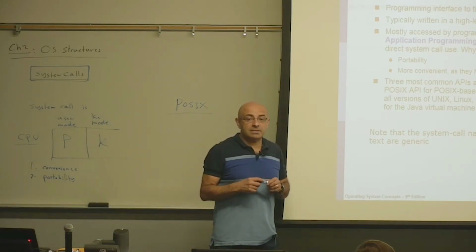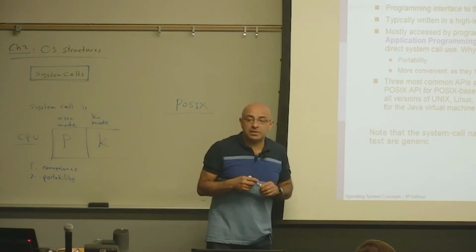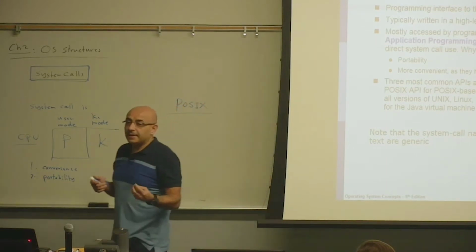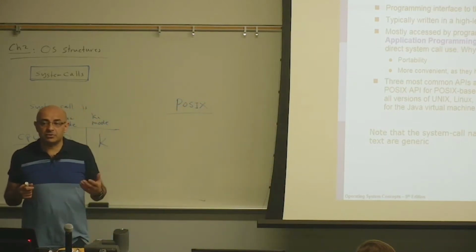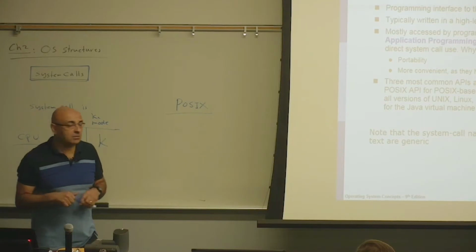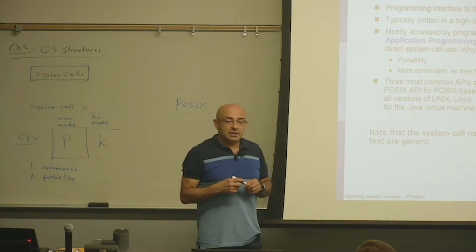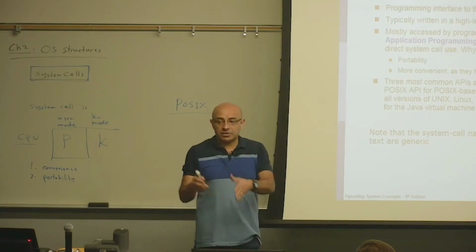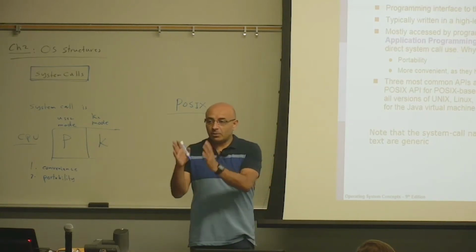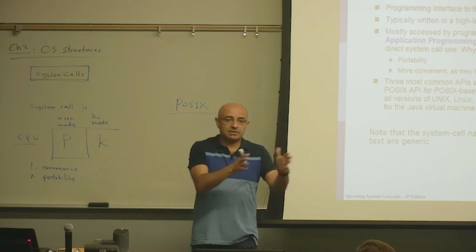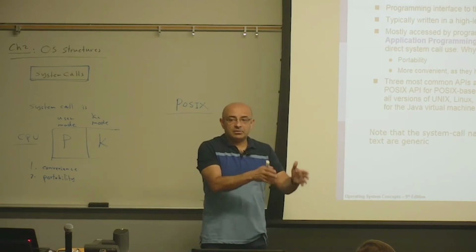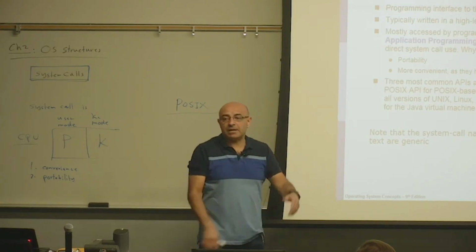So sometimes this doesn't work. There are some compatibility issues. Sometimes there are differences that will cause your program that uses the POSIX APIs to function correctly on one platform, but to have a problem on another platform.